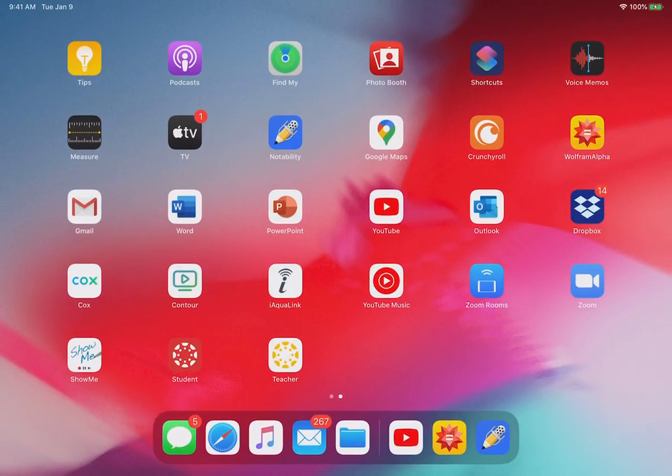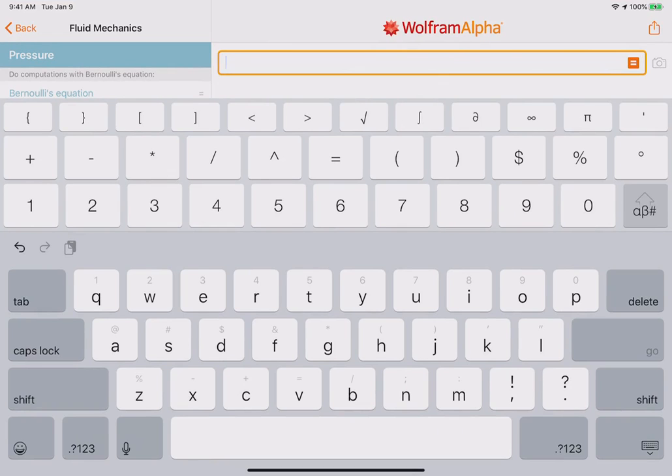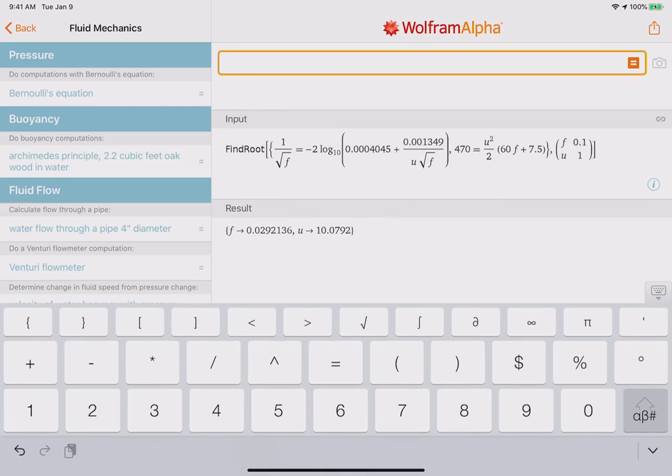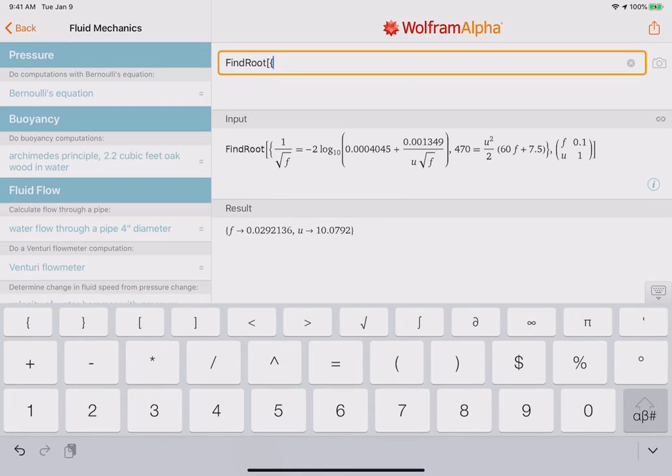I actually have the app on my iPad here. Okay, so we want to solve with, as I described earlier, the FindRoot command, and you put the list of equations you're solving in curly brackets. So that's 1 divided by the square root of our friction factor f.